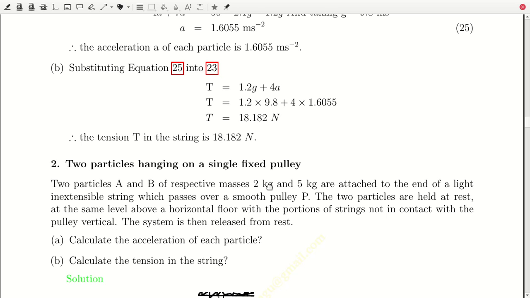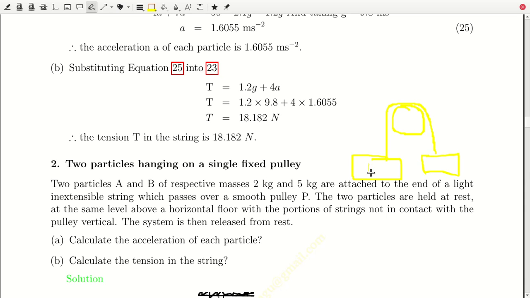So if we have two particles of 2 kg and 5 kg being connected by a string, if this is our pulley, and then we have our two particles connected by a string here, we have 5g on one side, and 2g on the other side.